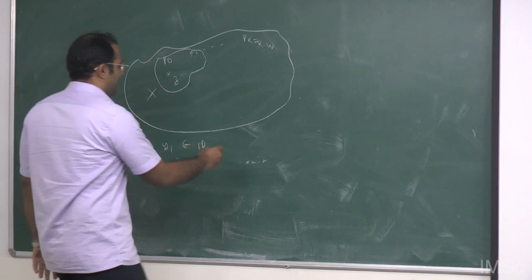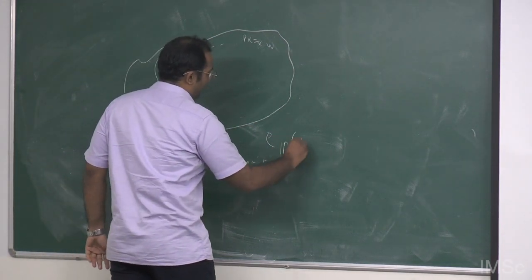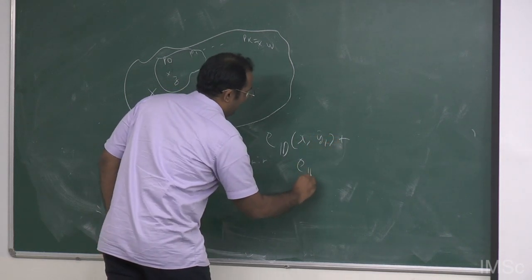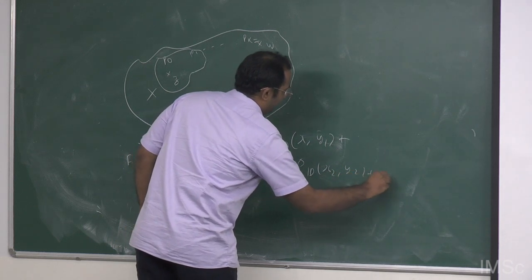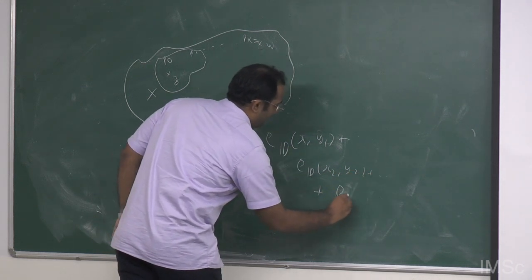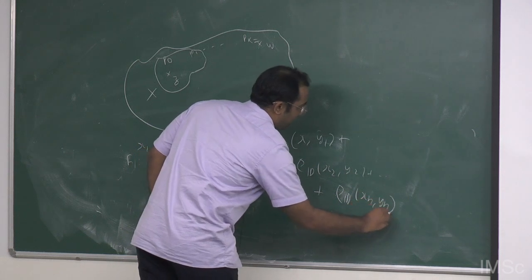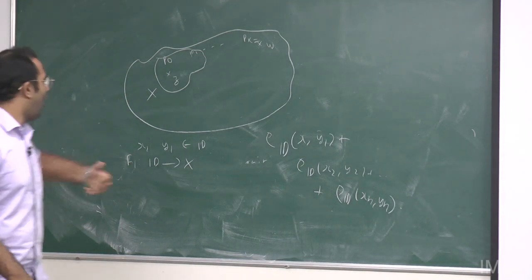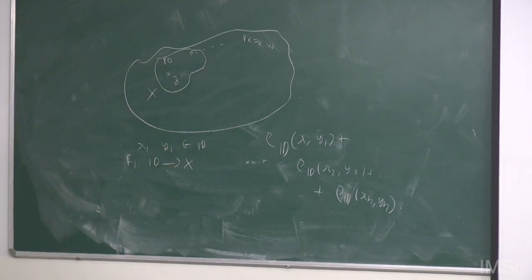Then you look at this sum, rho_D(x1, y1) plus rho_D(x2, y2) plus up to rho_D(xn, yn). And now you infimize over all possible chains and all possible holomorphic mappings.